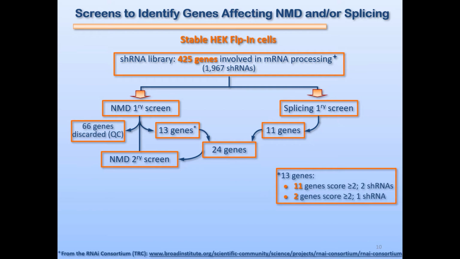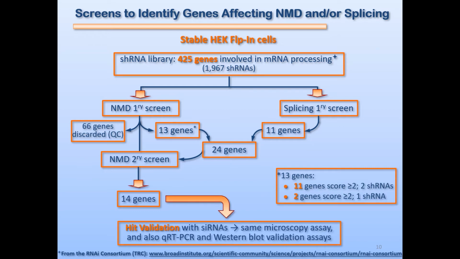And we submitted these 24 genes to a secondary screen for NMD, which identified 14 positive hits. And then we proceeded to hit validation with not shRNAs, but siRNAs, under the same microscopy assay, also qRT-PCR and Western blot validation assays.